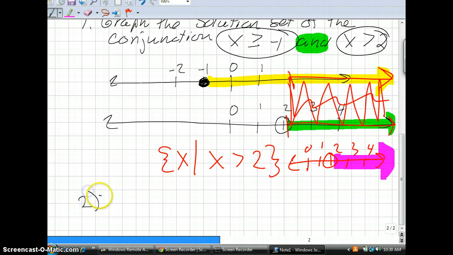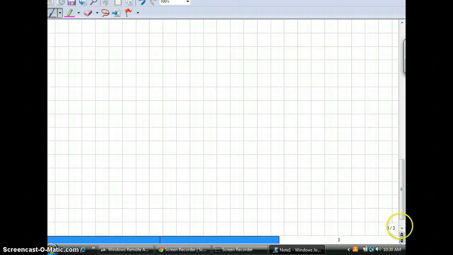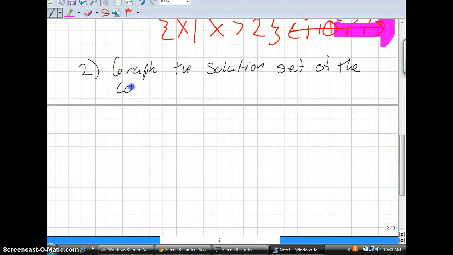Number 2, graph the solution set of the conjunction x greater than or equal to -6 and x less than -2.